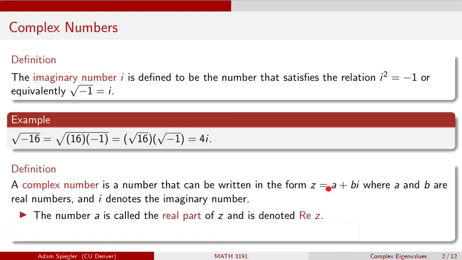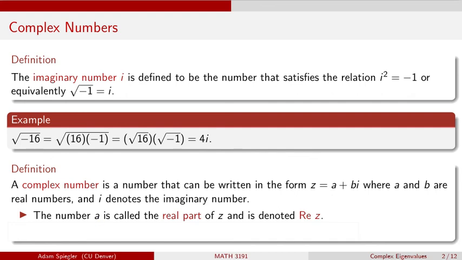There's what we call the real part, and that's the part that does not have the i in it. In this case, we would say that the real part of z is a. We denote this Re(z). This means the real part of z, and it pulls off the piece that doesn't have an i in it, which in this case is just the generic a.